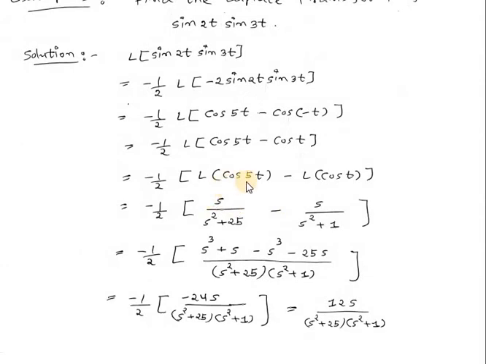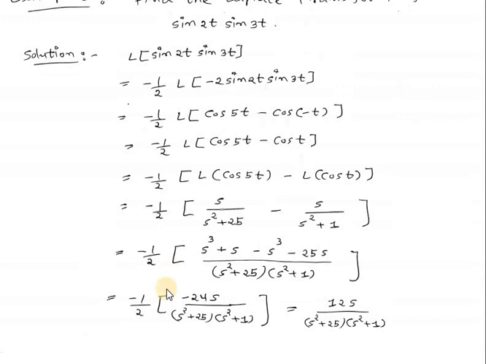Now Laplace of cos at is given by s divided by s square plus a square. Here a is 5, so it will be s divided by s square plus 25. Same way Laplace of cos t is given by s divided by s square plus 1, because here a is 1. So if we simplify it, then it will be s cube plus s minus s cube minus 25s divided by s square plus 25 into s square plus 1.